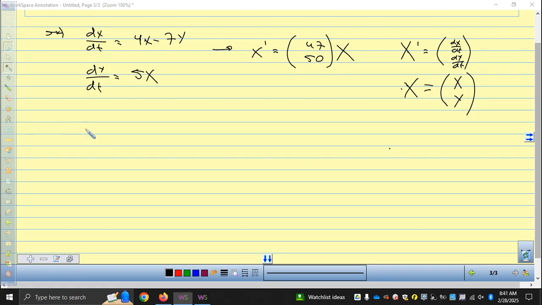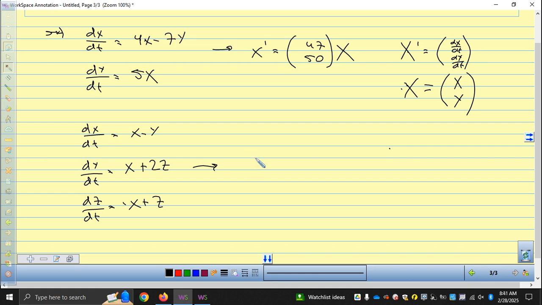If we had a three-variable system, dx/dt equals x minus y, dy/dt equals x plus 2z, and dz/dt equals minus x plus z, we would write X prime equals, our coefficient matrix would be 1, negative 1, 0, 1, 0, 2, negative 1, 0, 1, times X, where X now is our column matrix x, y, z.